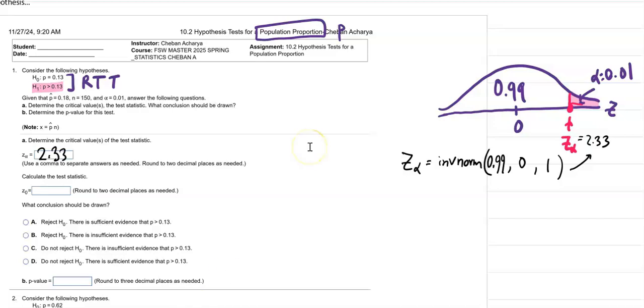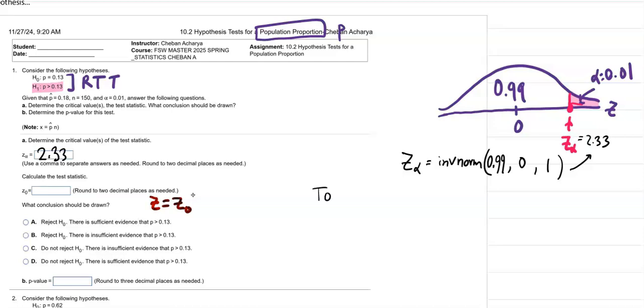Okay, now I'm going to show you how to find the test statistic, which is Z0. We call it Z0 as a test statistic because the calculator gives you the Z value. To find the test statistic, we use a calculator function. Let me write it down here.